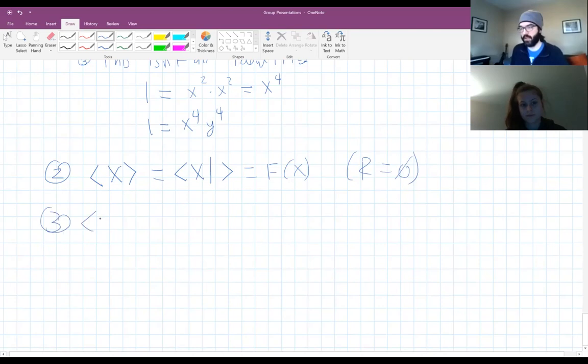Okay, here's another one. Take a group presentation with a single generator X, a single relator X raised to the K, where in this case, K is not going to be 0. Well, this is the free group generated by a single element X, modulo the normal closure of X to the K. What is that?